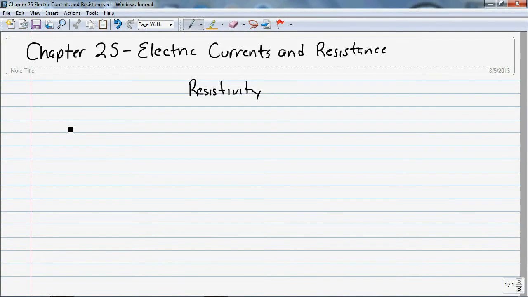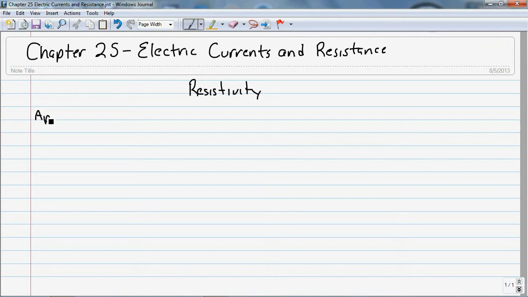Resistivity is a metric or property of all matter. It doesn't matter whether it's conductors, insulators, semiconductors, they all have a certain amount of resistivity.